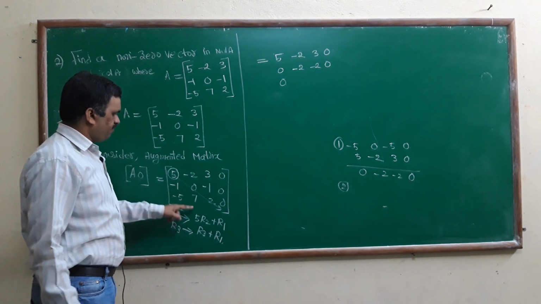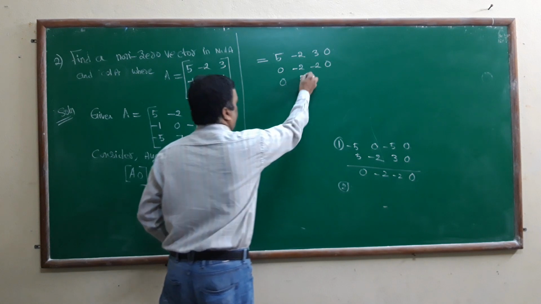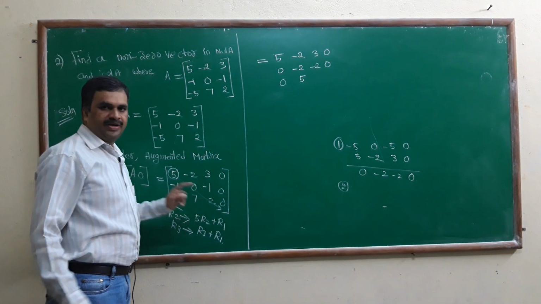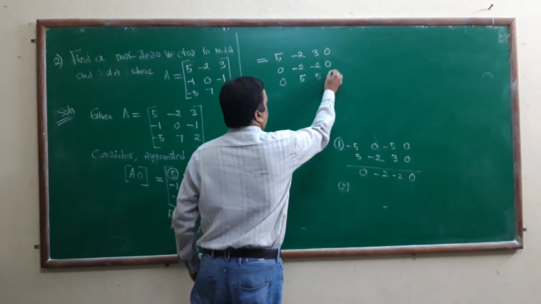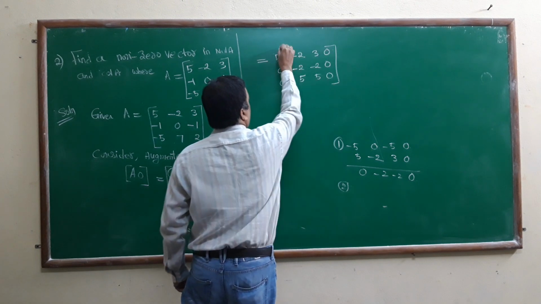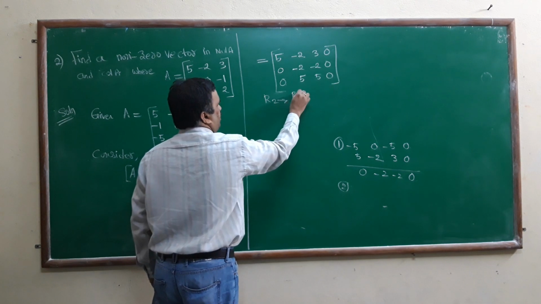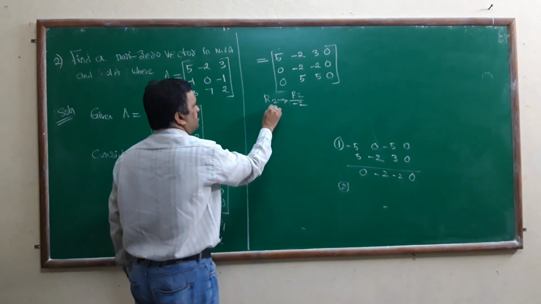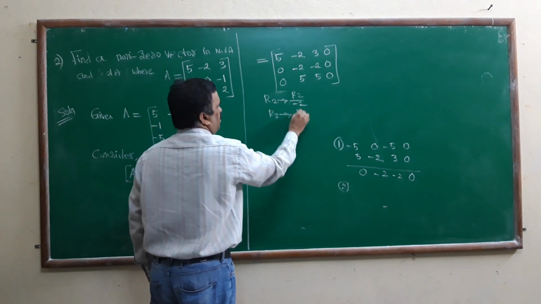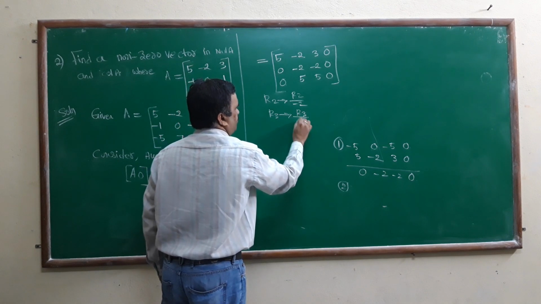7 minus 2 is 5. 2 plus 3 is 5 and 0. Now R2 implies R2 by minus 2, I will do it. Similarly R3 implies R3 by 5.